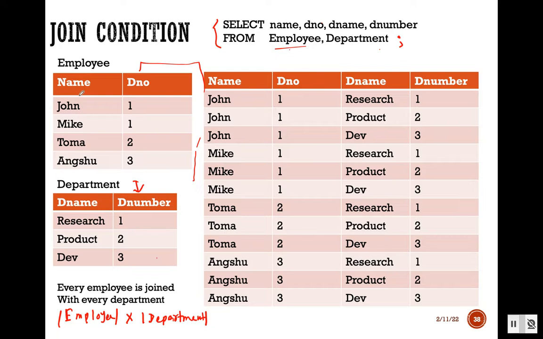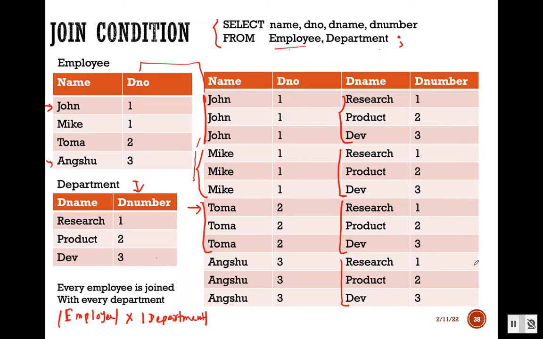So the employee John will be joined with every department, the employee Mike will be joined with every department, the employee Toma will be joined with every department, and the employee Angshu will be joined with every department.